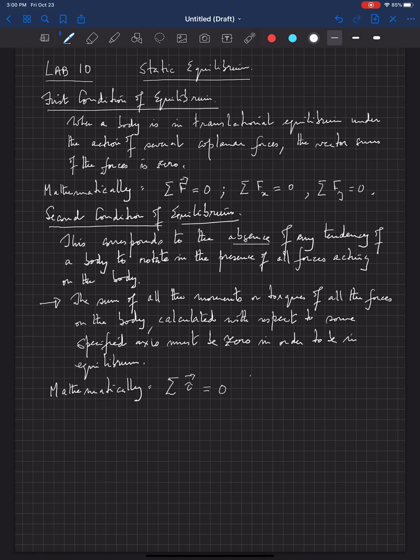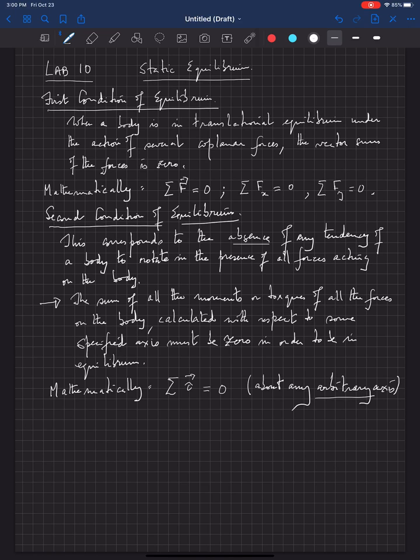And of course, you must put in parentheses about any arbitrary axis.